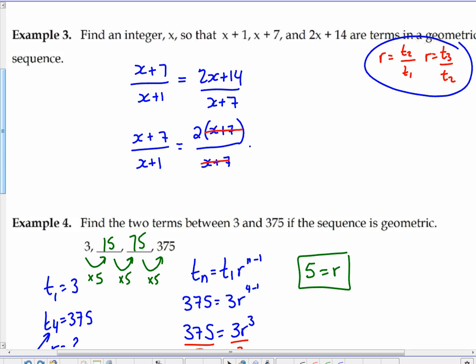Now we have x plus 7 over x plus 1 equals 2, or 2 over 1, if you want to write it as a fraction. Where can I go with this? Cross multiply. Great. So x plus 7 equals 2 times x plus 1. So let's solve for x.